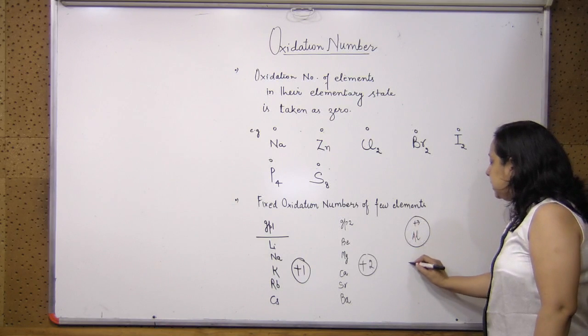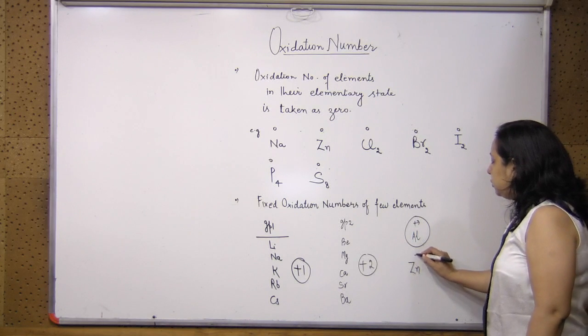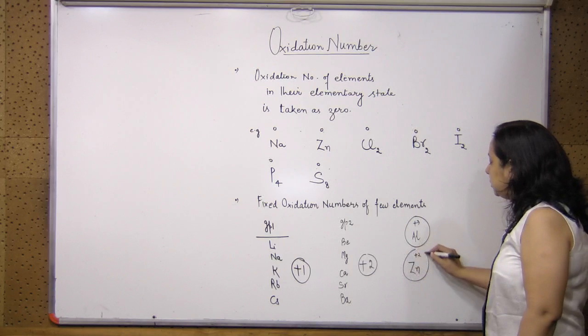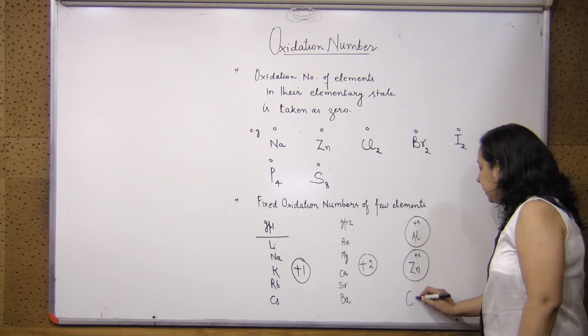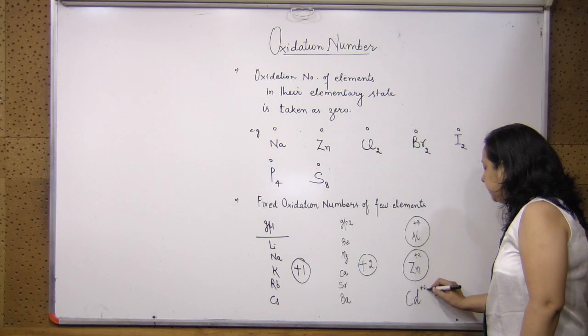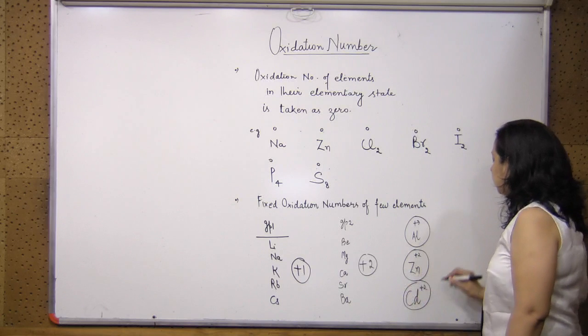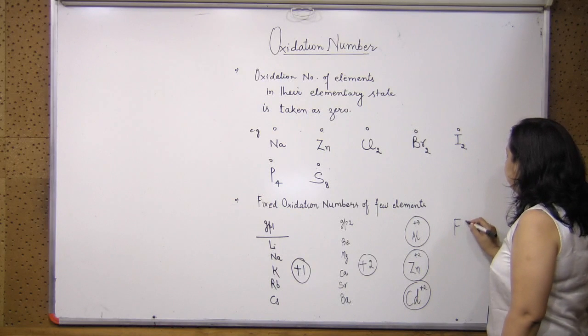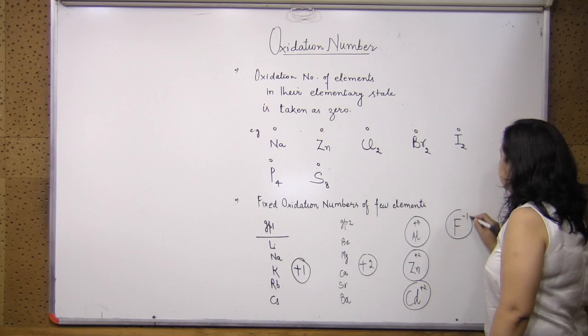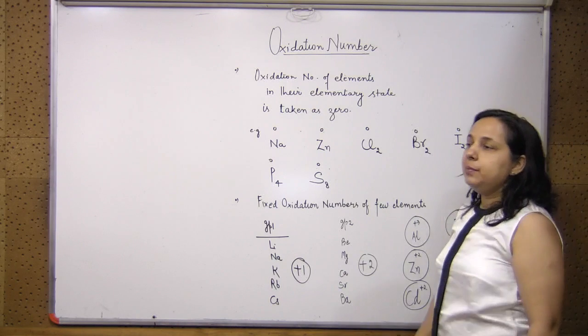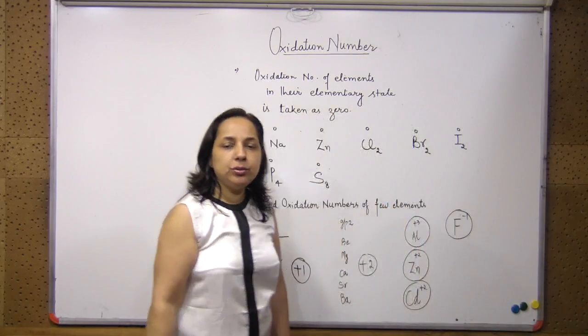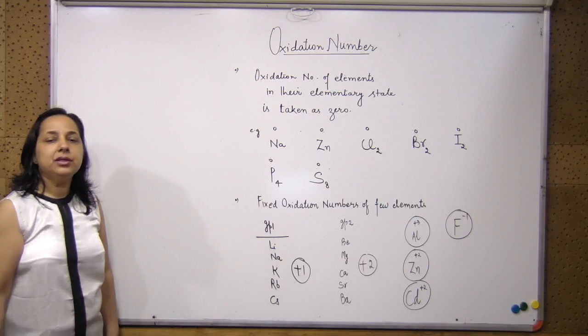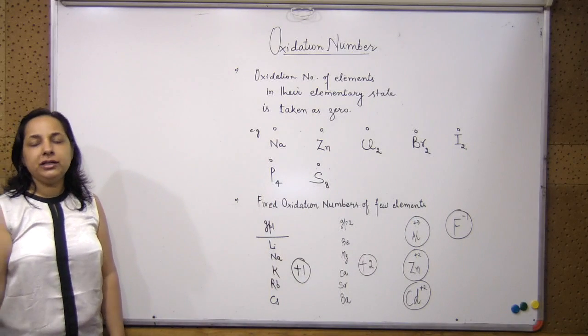Zinc, fixed oxidation state of +2. Cadmium plus 2 and fluorine minus 1. These are important elements. Those are going to have a fixed oxidation number, no change in any of their compounds.